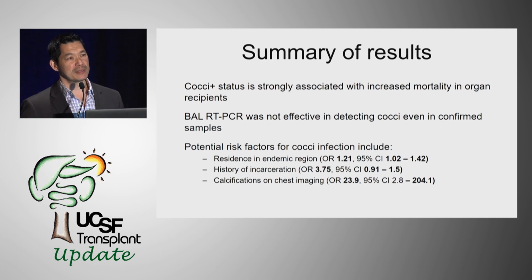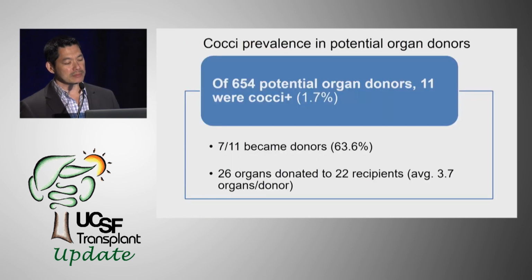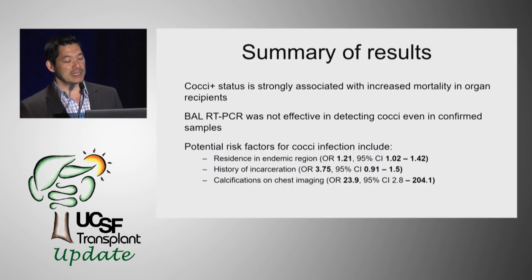We also did a few other things, like looked at bronchoalveolar lavage and did some PCRs, but that wasn't really giving us any new information. And we did a multivariable analysis as well. If you lived in an endemic region, which was the darker green areas, the Cocci highway is basically Highway 5 that goes through the Central Valley, that gave you an increased risk, with an odds ratio of 1.21.